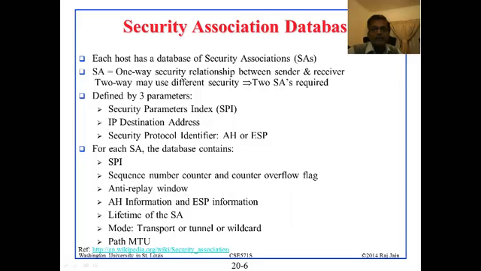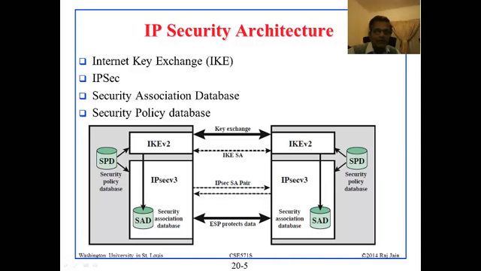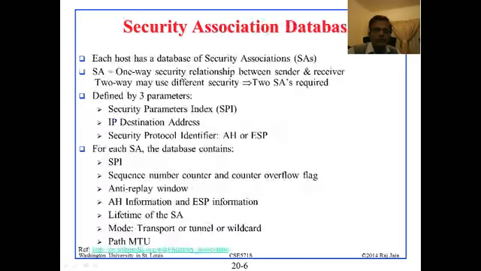A security association is defined by three parameters. First, an index, which is just a number in the table, so you index into the table: the security parameters index. Second, the destination address, where it ends up. And third, the security protocol identifier. This is important because SPI is the security parameter index, and this is the security protocol identifier, which is not SPI.